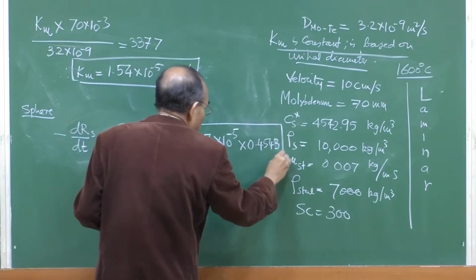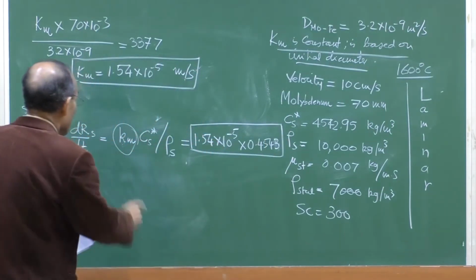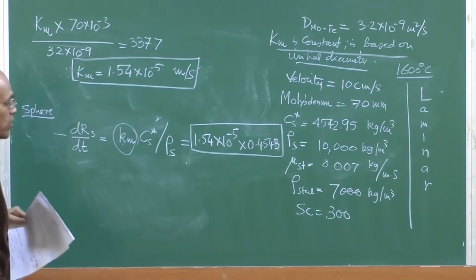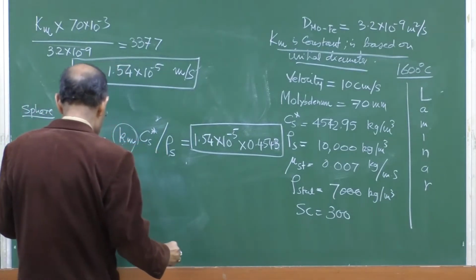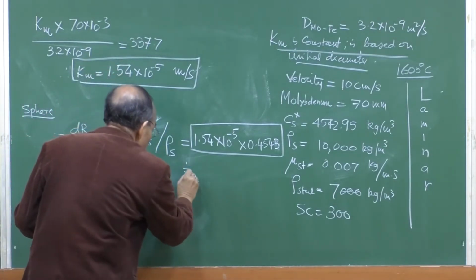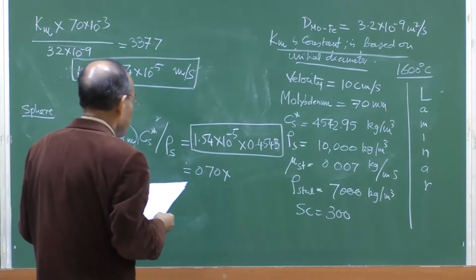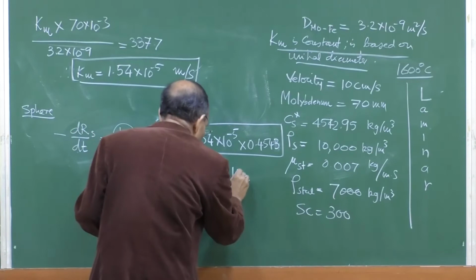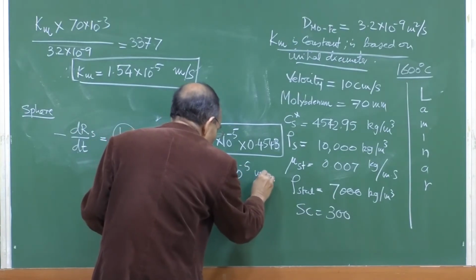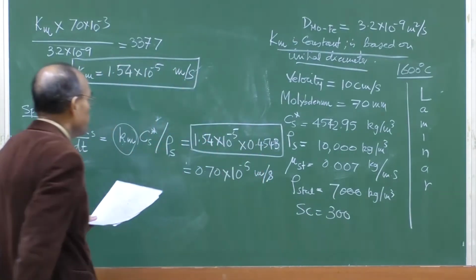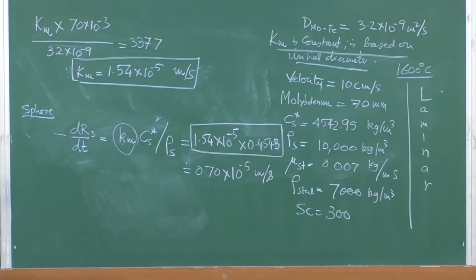That is the value, and the unit is meters per second. That is the dimension of this term, and this is going to be 0.70 multiplied by 10 to the power minus 5 meters per second.